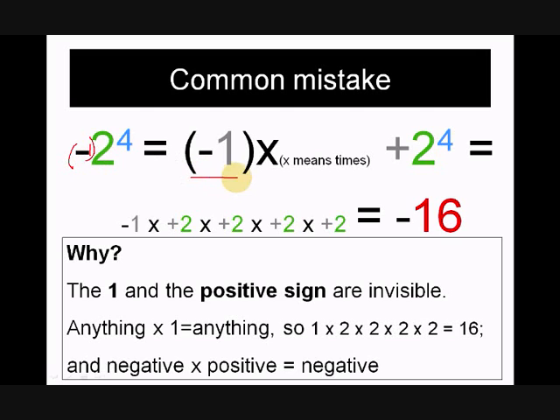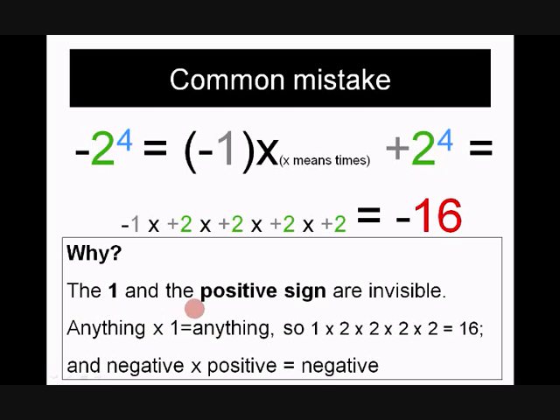Minus means minus 1. And there is a positive 2 which is also hidden. We did not bring it into the picture, right? These two are hidden. Hidden means it is not written explicitly, and this positive sign, we don't write it here, right? So these are hiding here. So anything times 1 is what?